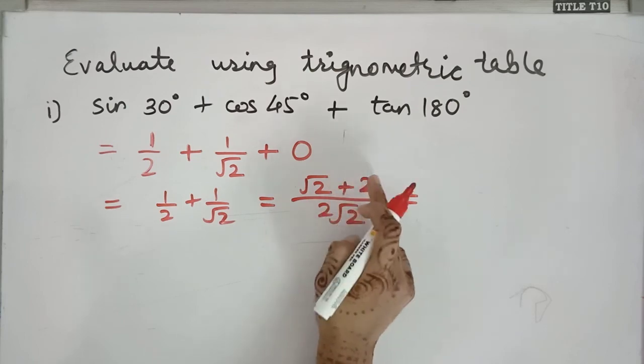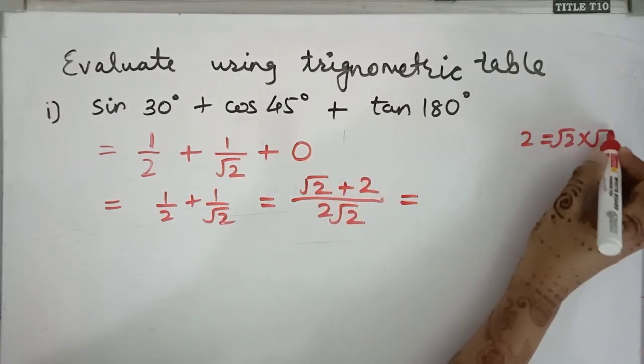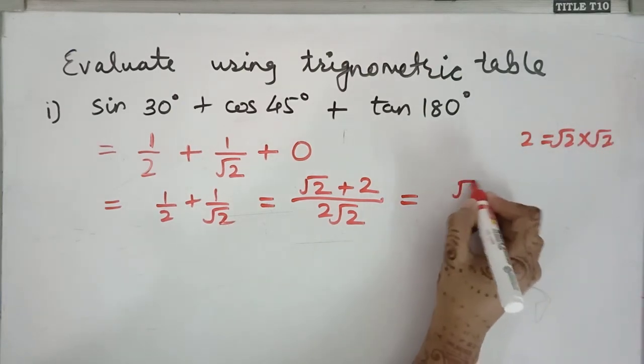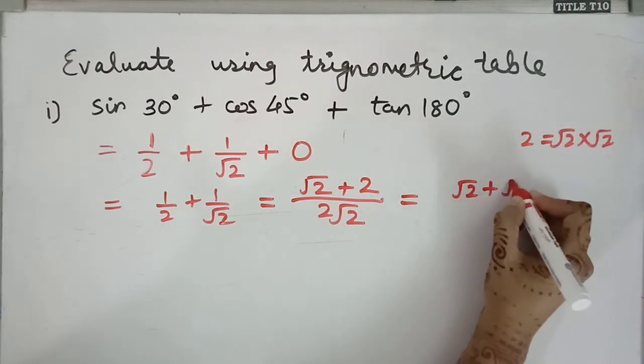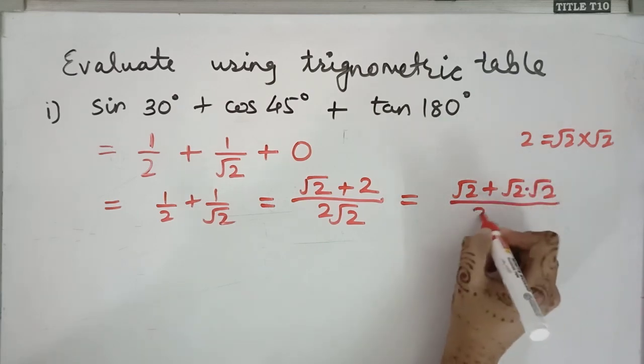Now root 2 and 2. We know 2 is equal to root 2 into root 2, right? So root 2 plus root 2 into root 2, upon 2 root 2.